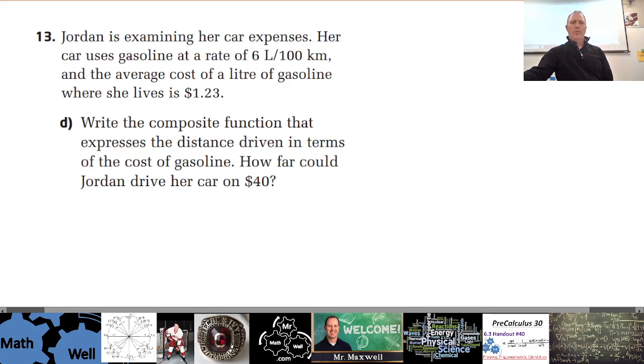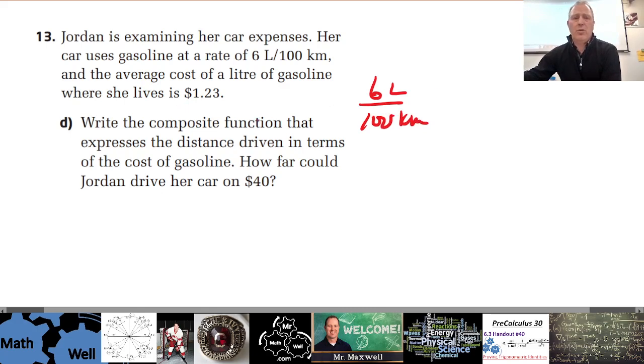All right, so the car uses gasoline at the rate of 6 liters per 100 kilometers. And that's going to be 123 per liter. And we want dollars per liter, right?